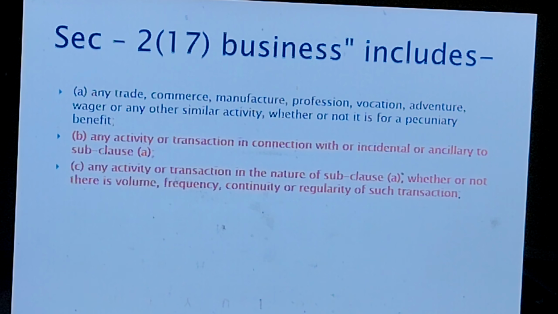Therefore, all the conditions as given in section 7 subsection 1 clause A, which is in respect of the supply, are duly satisfied. They say that all forms of supply of goods.